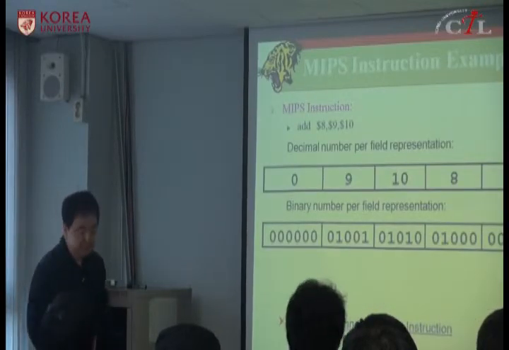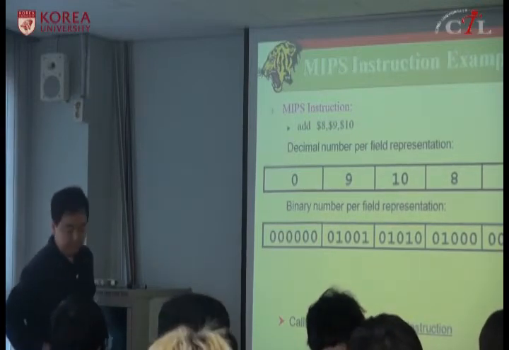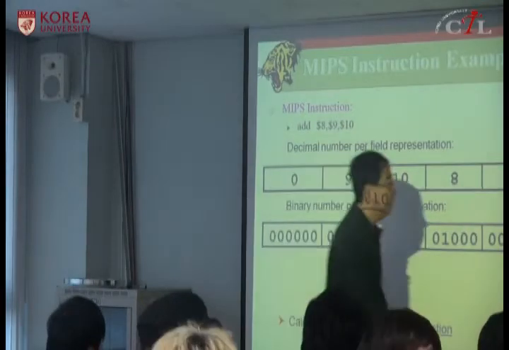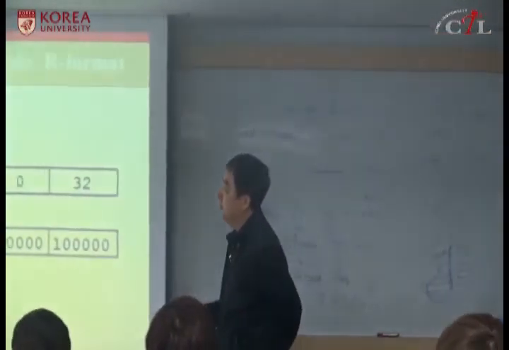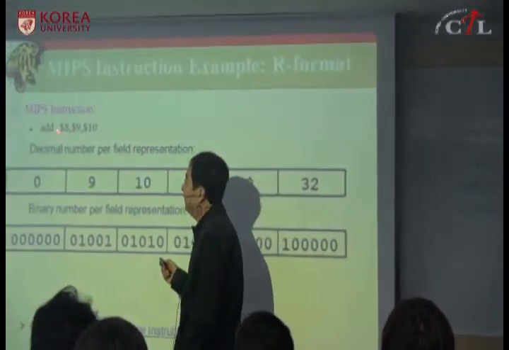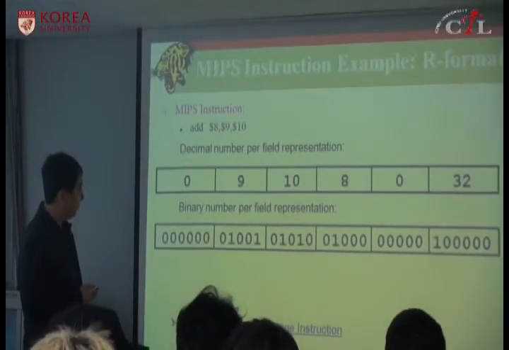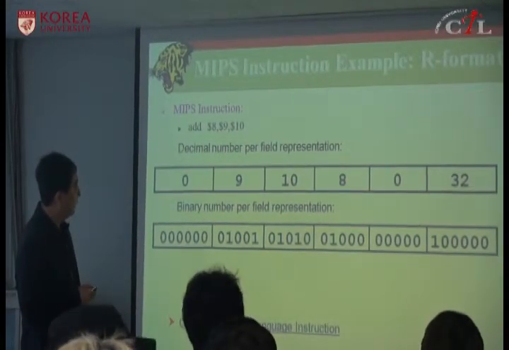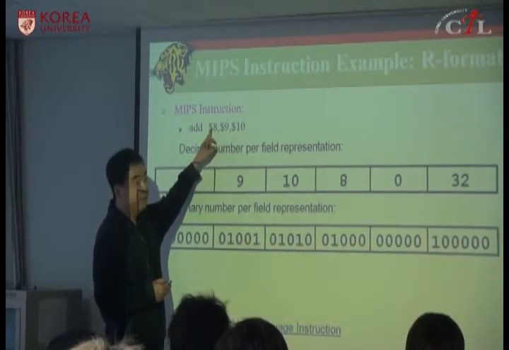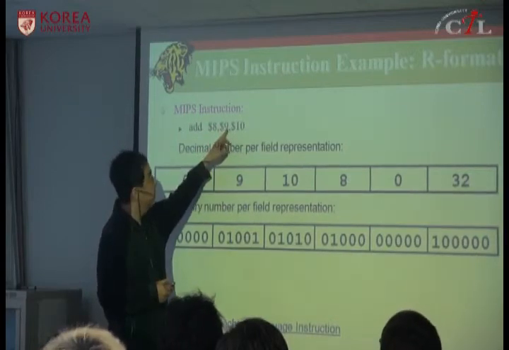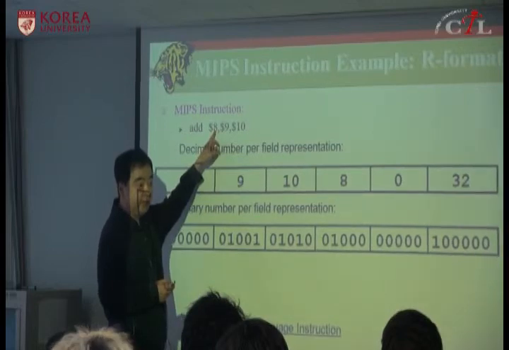Let's look at an example. We are trying to specify this instruction, add 8, 9, 10. 9 and 10 are your inputs and 8 is the destination. We are trying to add register 9 and register 10, do the addition and store into register 8.